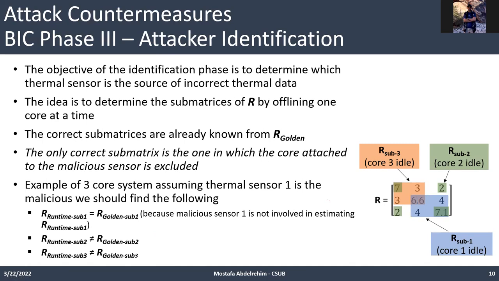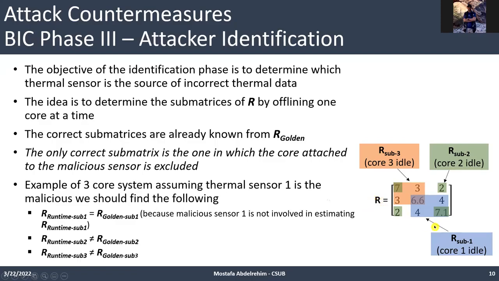One of the good things about estimating R is that you can deduce the submatrices out of the main matrix R here. And you can even estimate them independently without having R in the first place.